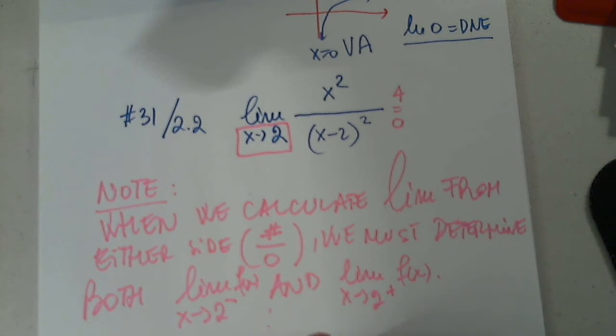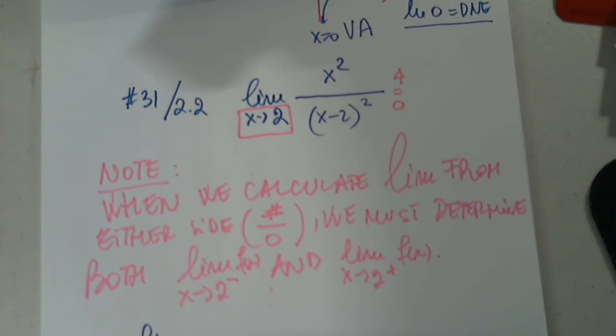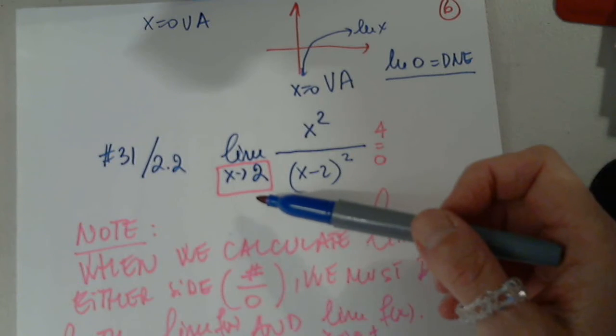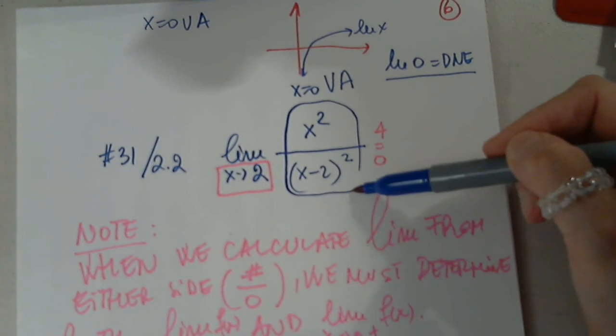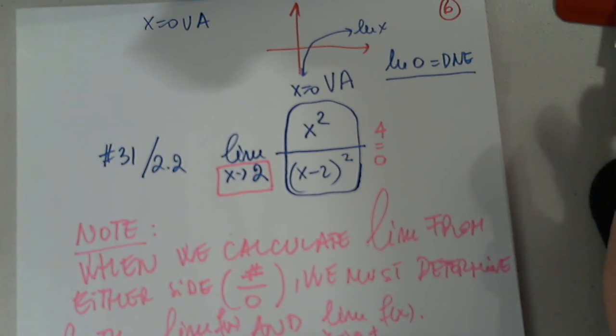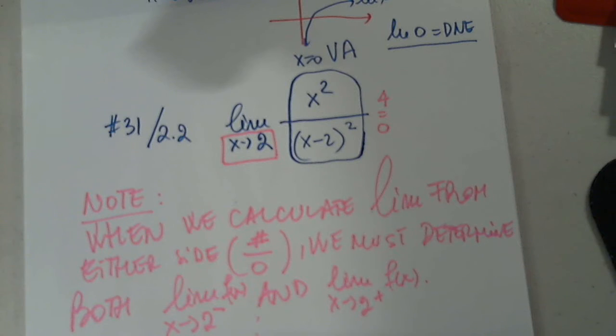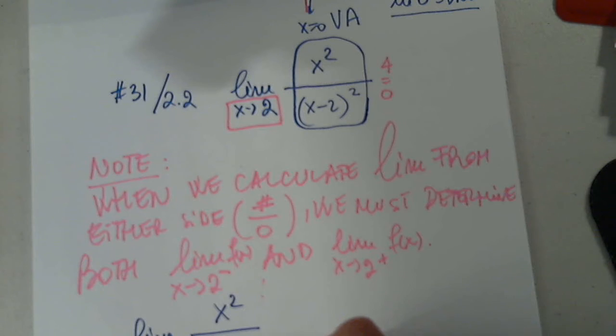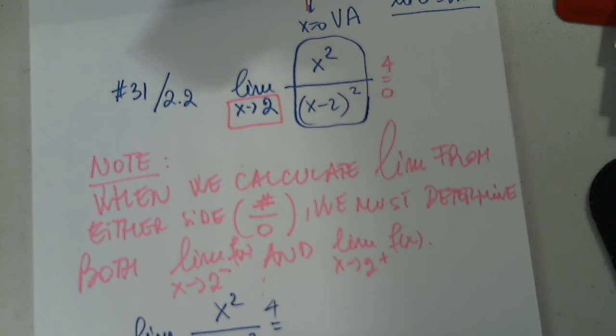So we have the limit as x approaches 2 from the left. You could say, and I would have to agree with you, why are you even bothering, because this is always positive. If you notice that, you know the answer is infinity, and you're done. But let's say we overlook that. So, 2 from the left of x squared over (x minus 2) squared: the numerator is 4, the denominator is 0, but I want to replace x with a number from the left, smaller than 2.